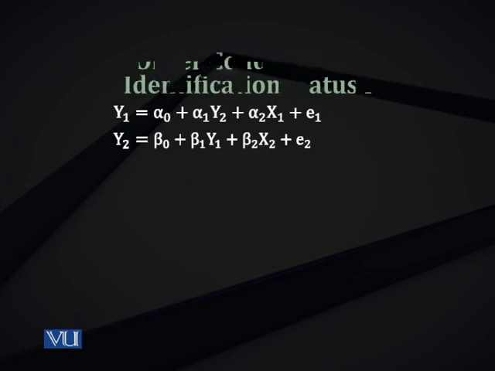So let's see what are the values of P1 and P2. As I told you, we'll get the values of P1 and P2 for individual equations. So we'll take each equation and look into the values of P1 and P2. So we'll deal with separate equations. We'll not discuss the identification status of the model as a whole. So let's go for equation 1 only presently. So the value of P1 is the number of exogenous variables excluded from the equation.